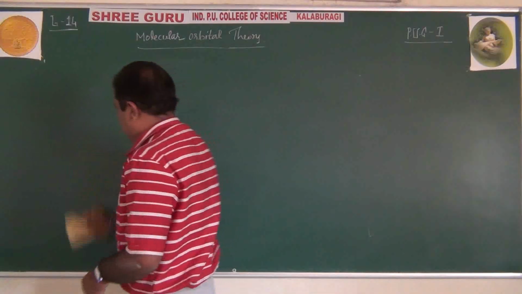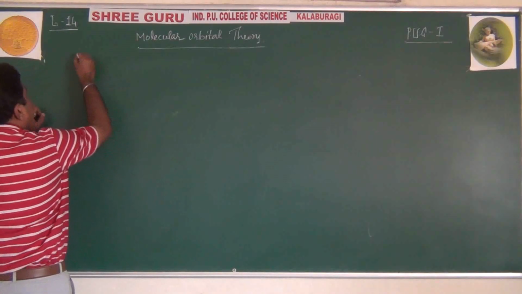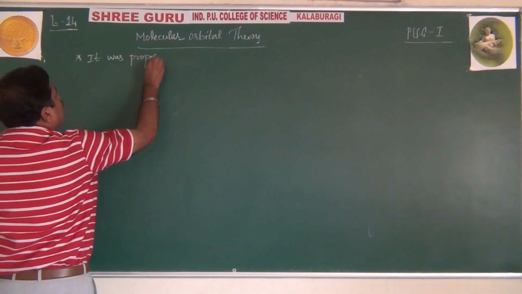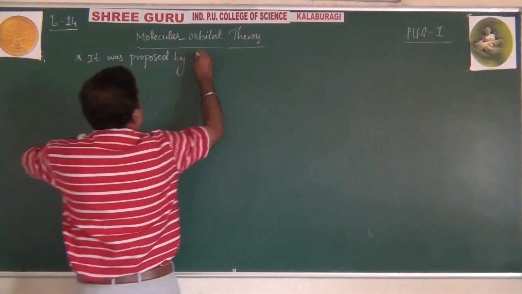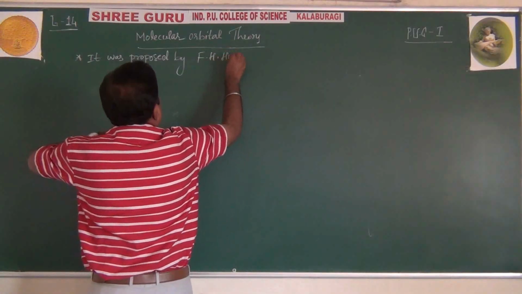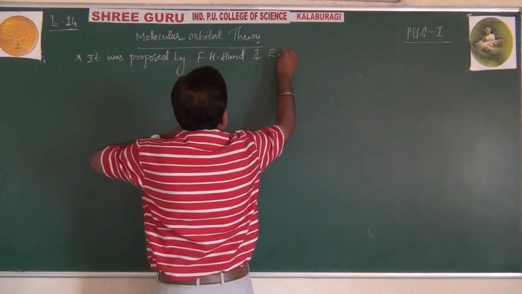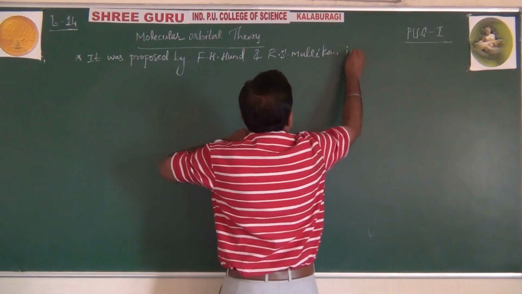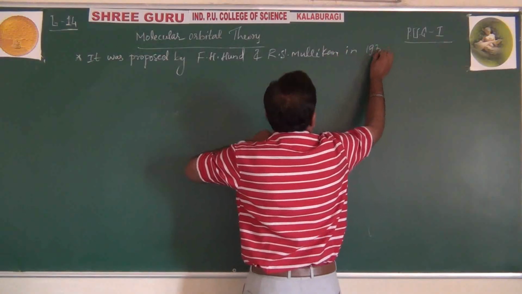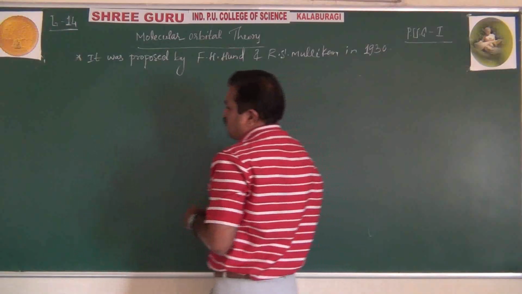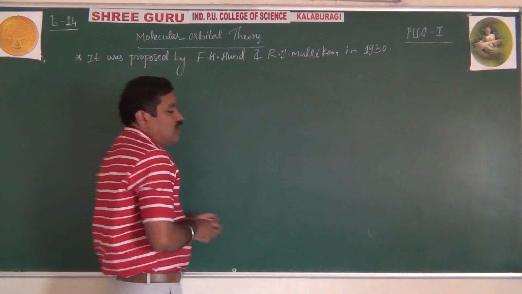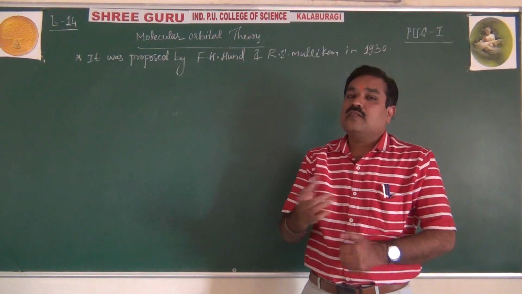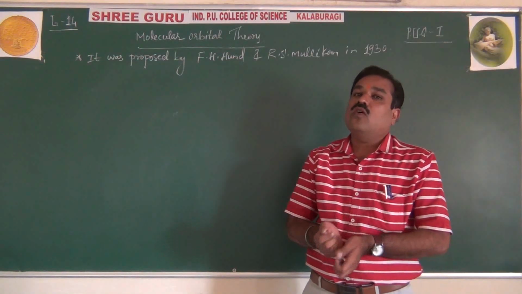It was proposed by F. Hund and R.S. Mulliken in 1930, to explain the formation of covalent bond, the existence of especially ions, to explain the magnetic property, and to calculate bond order.